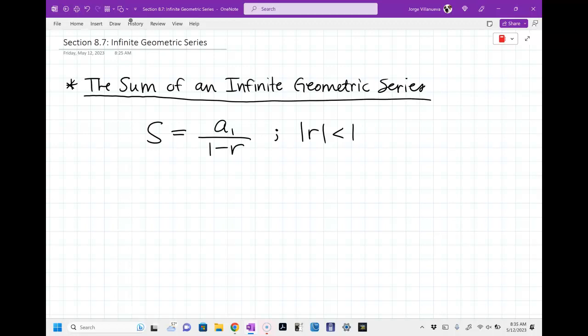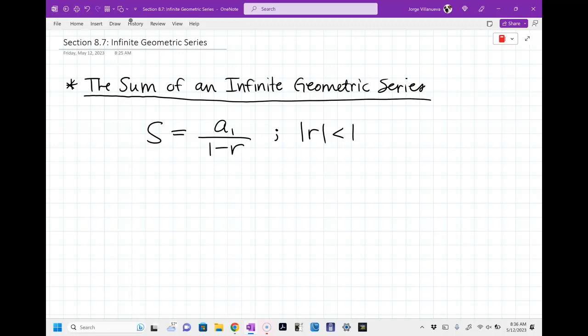Whatever your r value is, make sure it's smaller than 1, because if it's smaller than 1, then we can find the sum. If it's not smaller than 1, then this diverges, meaning it doesn't have a sum. It just keeps getting bigger and bigger. We need our common ratio to be less than 1.